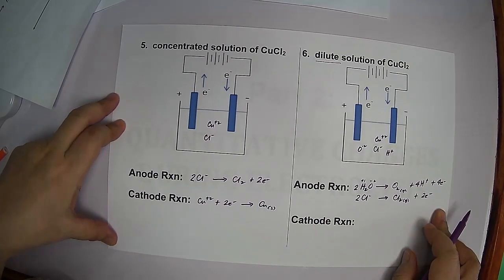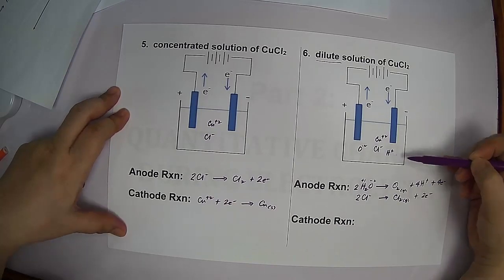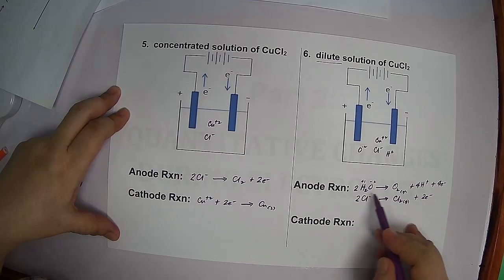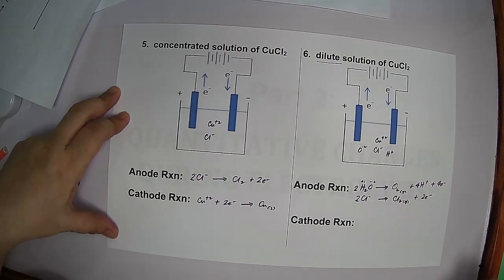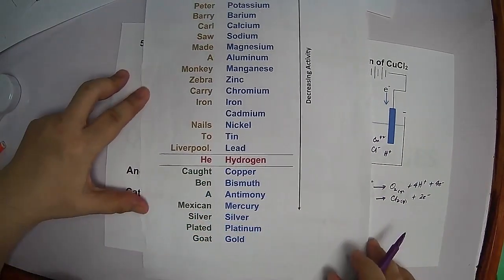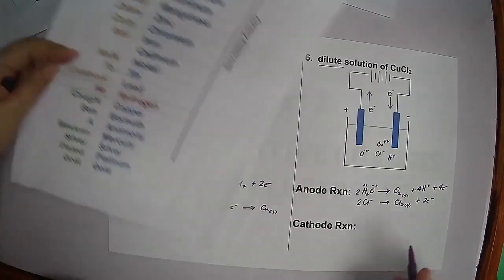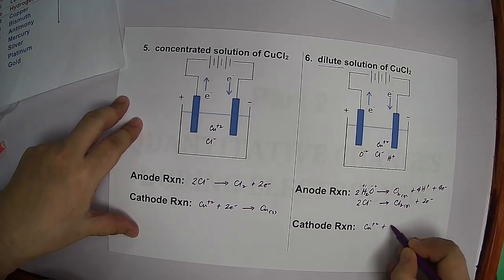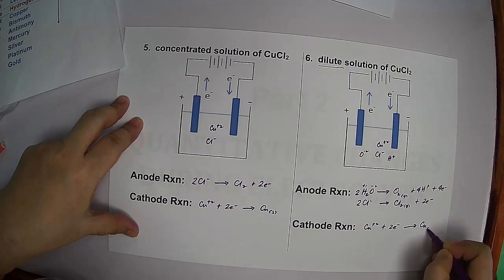And at the cathode, hydrogen is present as one of the products of the oxidation of water. However, copper is below hydrogen in the activity series. Again, if we refer to our activity series, the copper is below hydrogen. So it is the copper ion that will receive 2 electrons per atom, producing copper solid.